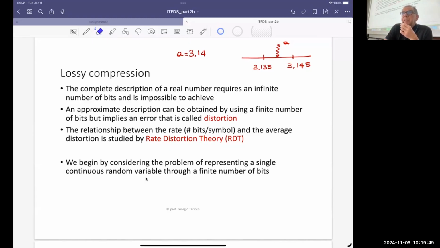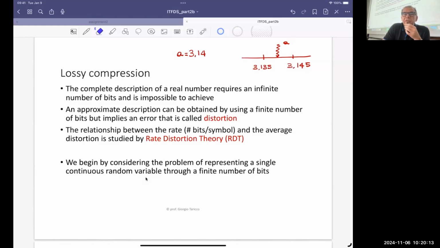The numerical representation, for example, of Greek pi requires an infinite number of digits. And this is a common characteristic of all real numbers, that if we want to represent them precisely, we need an infinite amount of digits.